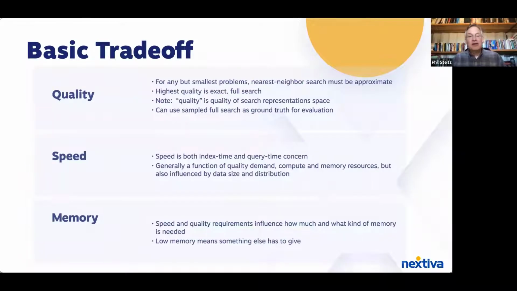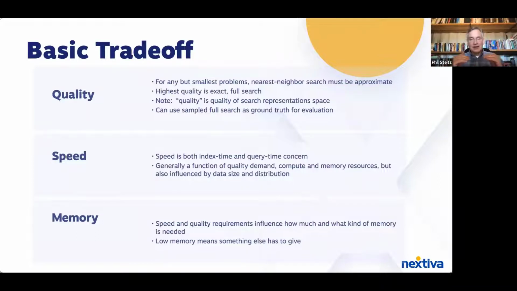Okay, I need to talk a little bit about the trade-offs here before we dive into more detail. If I just gave you this problem and said go write some code to do all this, you would quickly run into a basic trade-off if you want the best quality. Quality here is a mathematical concept.